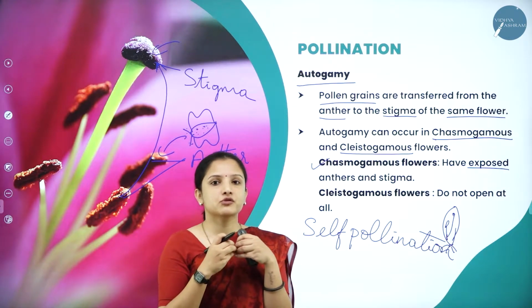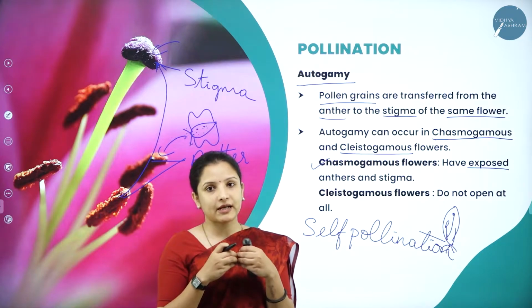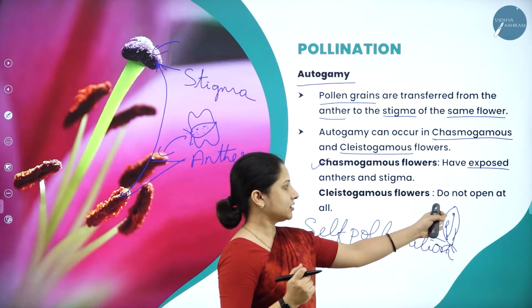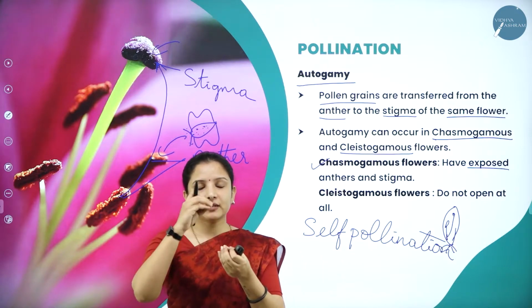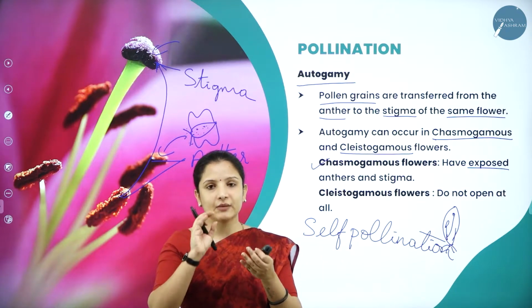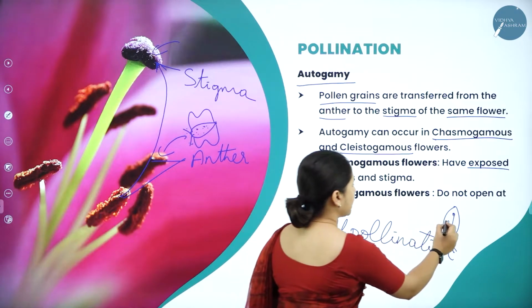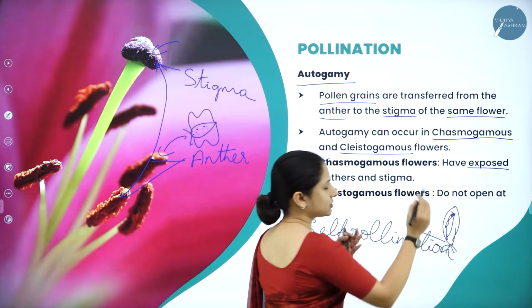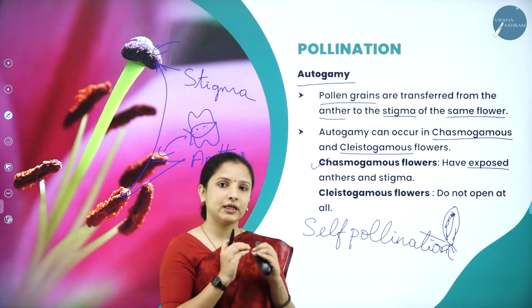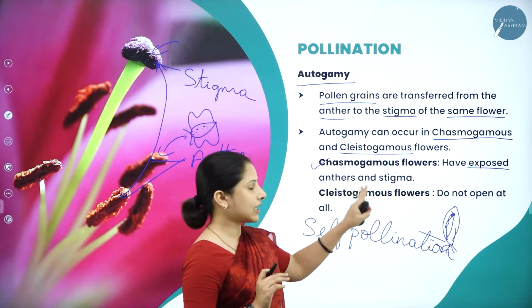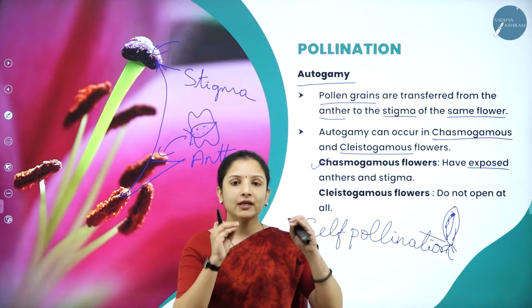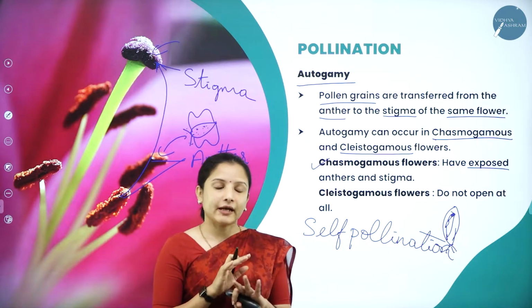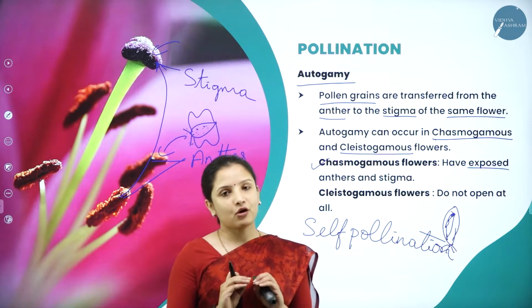In other words, these are flowers which do not bloom. So obviously the pollination has to occur in the same flower itself. From the anther itself it will fall to the stigma. Inside the flower only it will occur. So in cleistogamous flower, only autogamy or self-pollination will occur, but Geitonogamy or xenogamy will not occur.